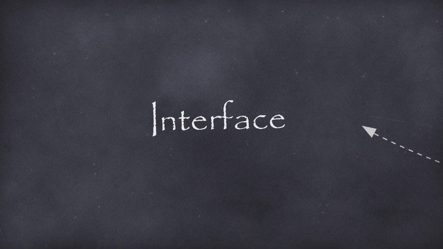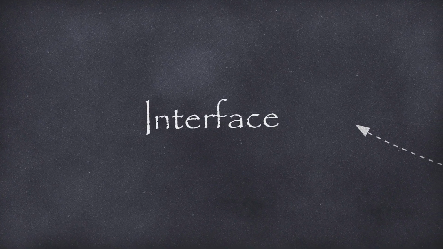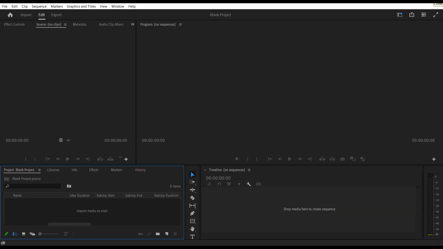What is important here is to understand the interface. Here we have the interface, the whole area that you are actually working with. Your workspace has been divided into panels, as you can see here.